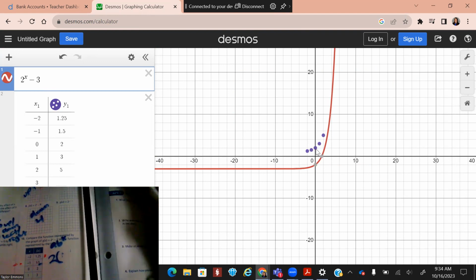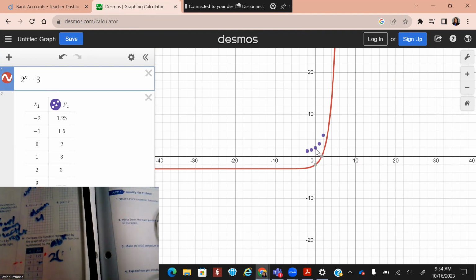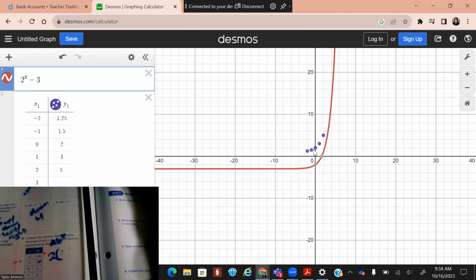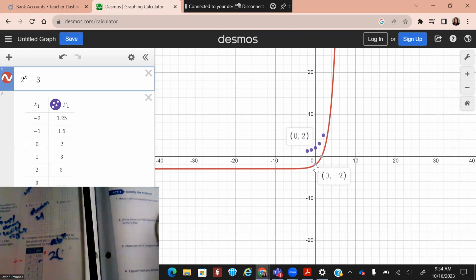Okay, so here's my table in the purple, and here's my function in the red. Okay, from this dot to this dot, what happened? So from 0, -2 to 0, 2, what happened? Not up 2, up 4. So we moved up 4.